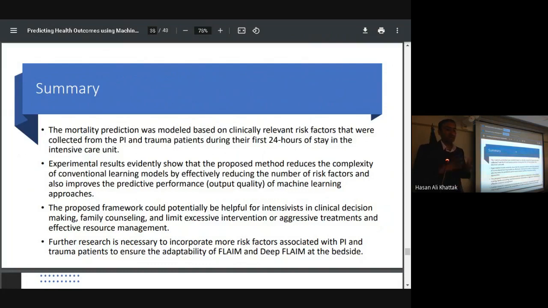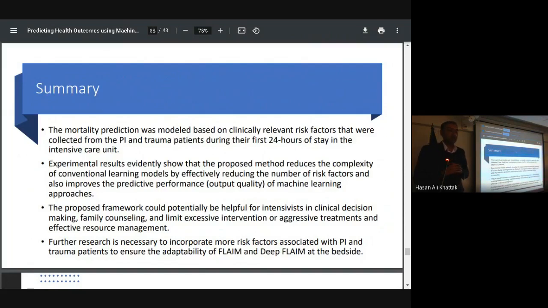The experimental results show the proposed method reduces the complexity that we usually see in conventional machine learning models, as we hybridize with conventional biostatistics techniques, and it reduces the variable list, and with fewer variables we keep the predictive power.